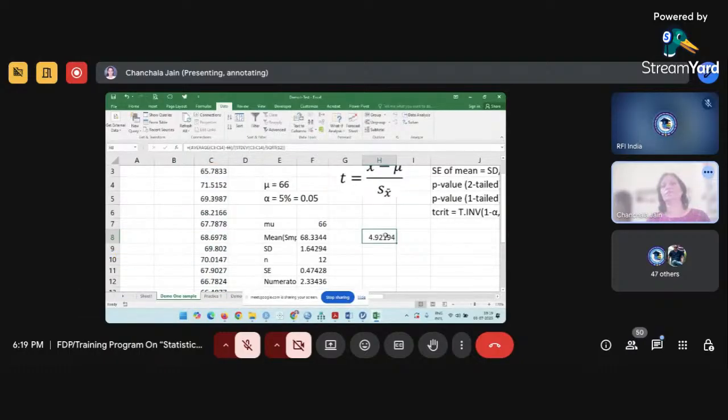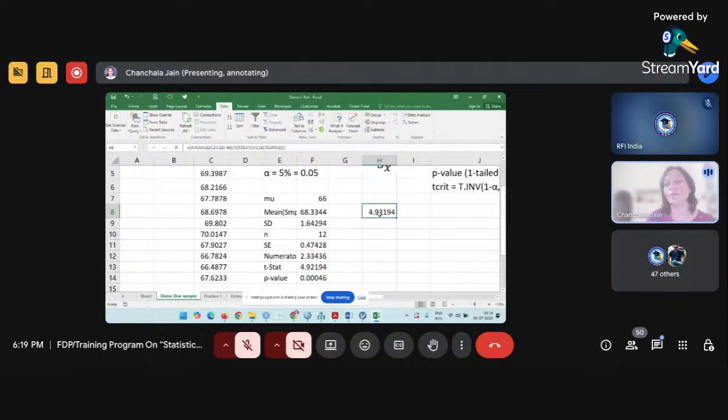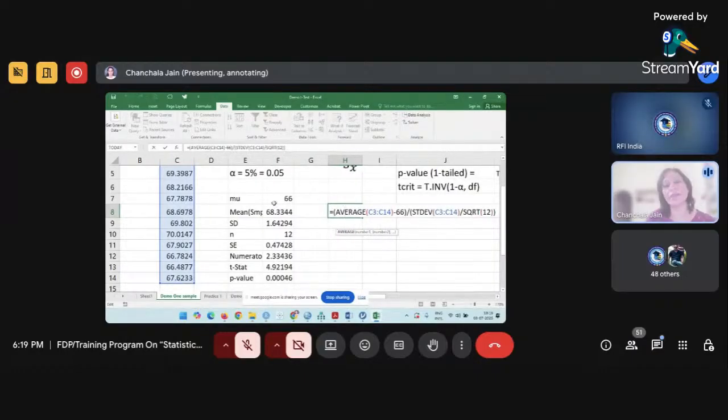Right? You can see we got the value of T in a single cell also. So this is also something you can follow, but I think it will be very difficult to understand. That is why I have shown you step by step.